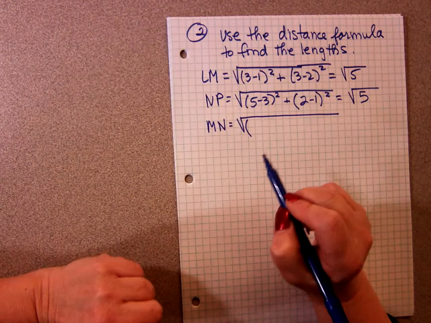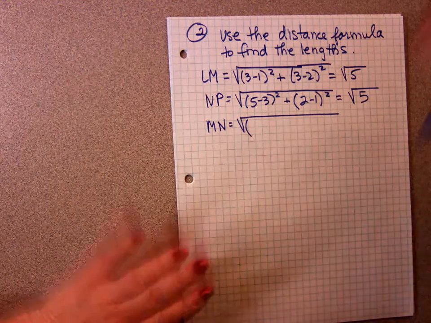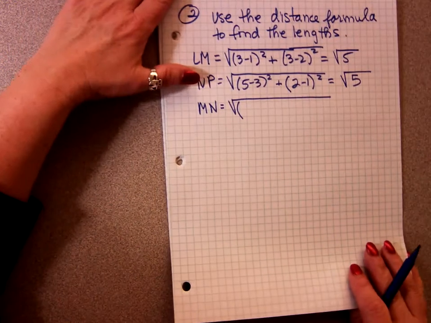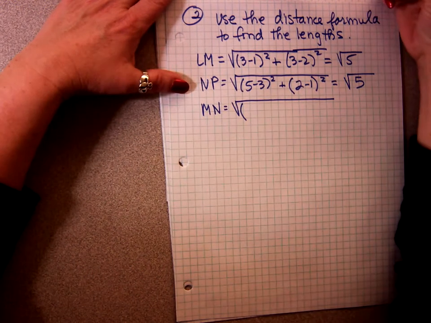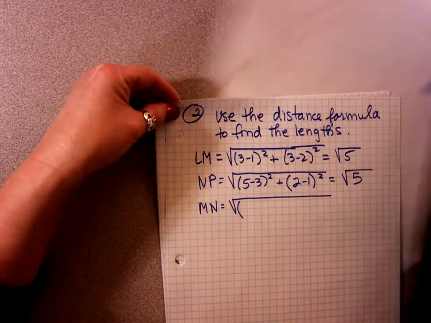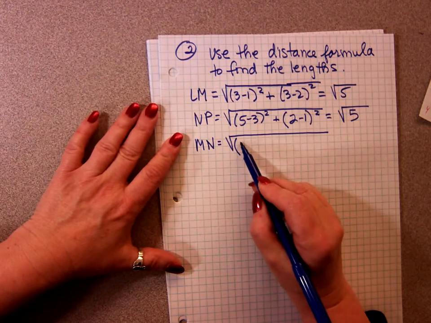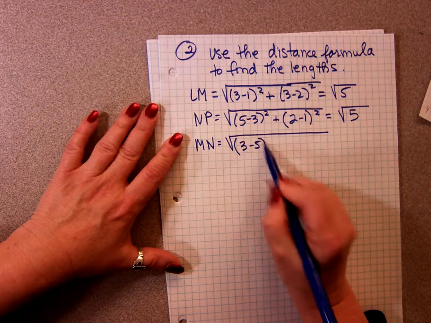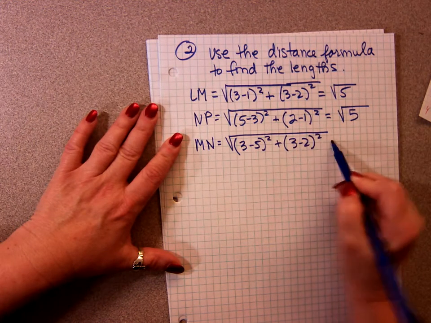I want you guys to try to help me fill this one in. MN, because we don't have the diagram, let's bring the diagram back. MN, M is 3, 3, N is, oops, you can't see it, 5, 2. So MN is the square root of 3 minus 5 squared plus 3 minus 2 squared.